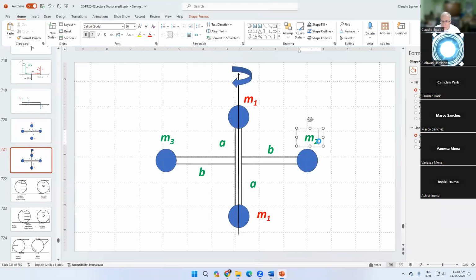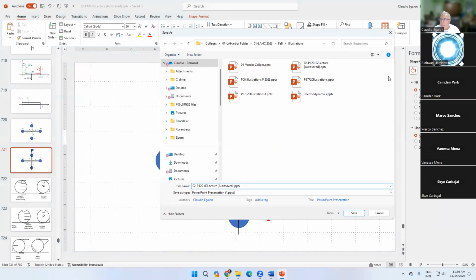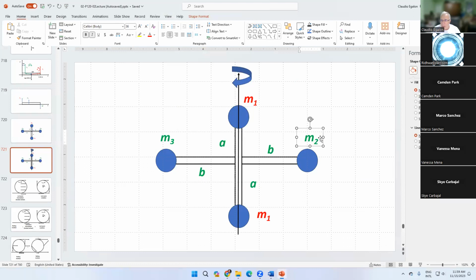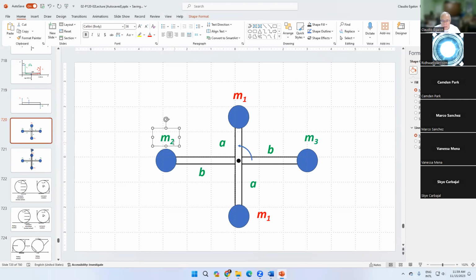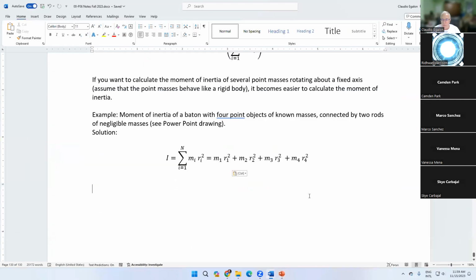So the notation now is M3, and we do the same here, M3, M3, M1, M1.